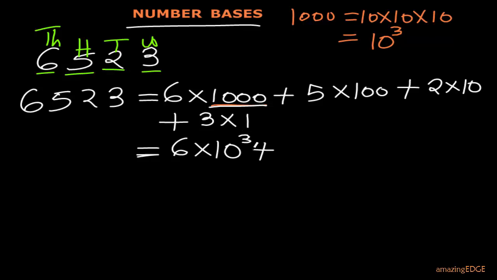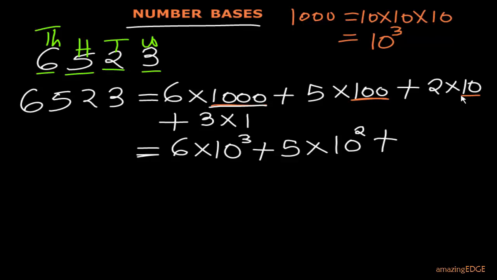So we move on. Here again, we have 5 times 100. So we first of all write our 5, times. Now this 100 is the same thing as 10 times 10, and 10 times 10 is the same thing as 10 squared. Then finally, the next one, here we have 10, just 10.